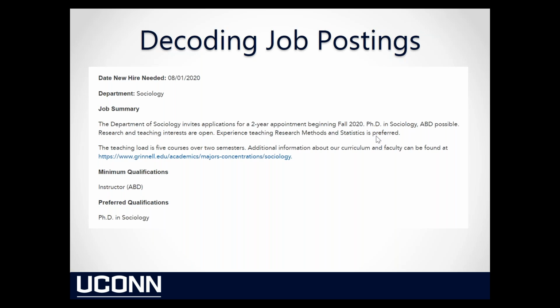So you always want to address the preferred qualifications in your application documents. And then we learn a little bit about the teaching load here, 5 courses over 2 semesters, and then they are directing you to look at the department website to learn more about the curriculum, and there you could also look at some of the faculty bios. Okay, so there's quite a bit of information in here.